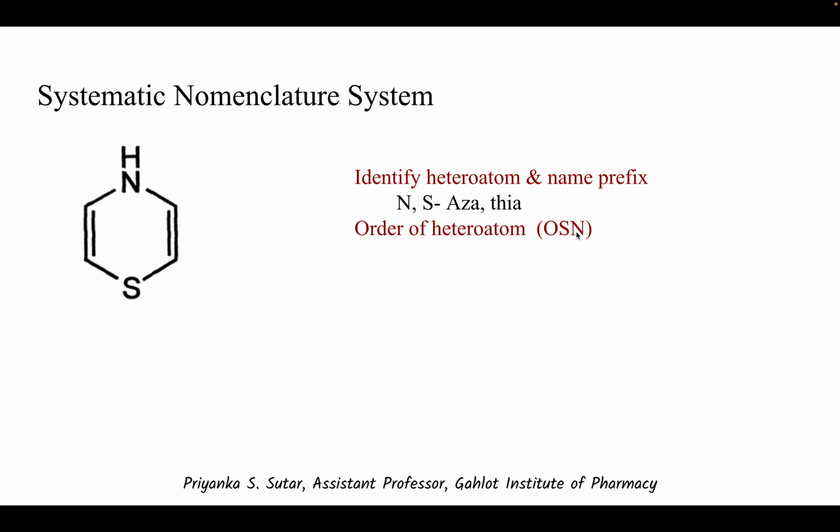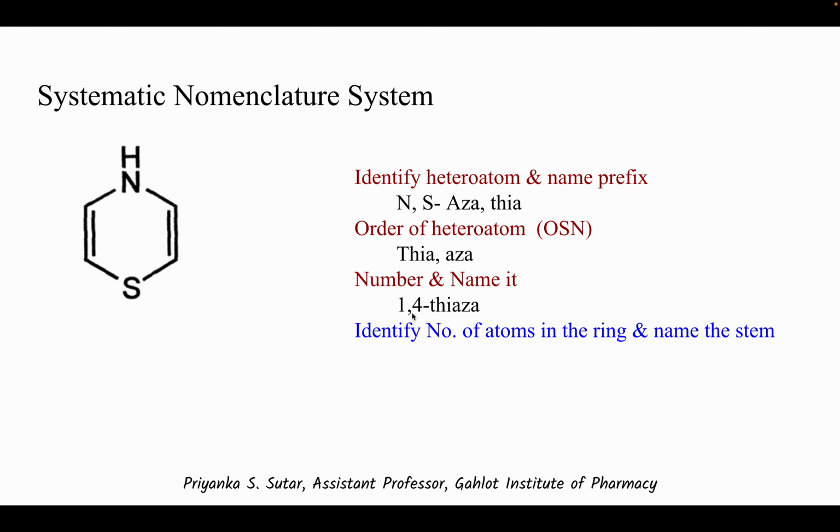Sulfur and nitrogen are there, so your order will be thia, aza. You have to number it 1, 2, 3, 4. Previously it was a 5-membered ring, and the positions were 1, 3. So here it is 1, 4. So the name of the prefix will be 1,4 thiaza.